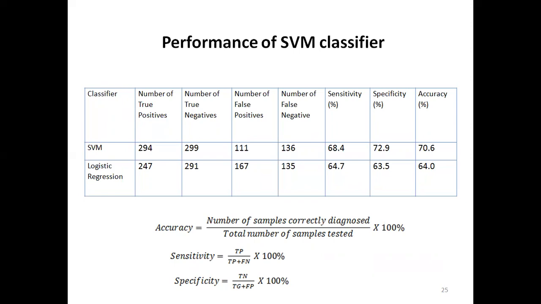What we found was that, in general, the support vector machine performed better than the logistic regression, with an accuracy of 70.7% for support vector machine and 64% for logistic regression.